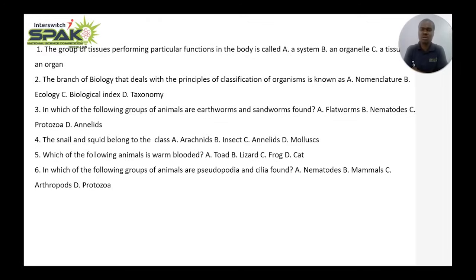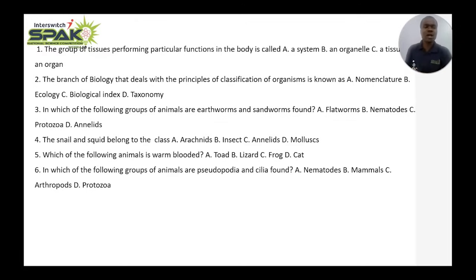For man, we use our hind limb to walk. Arthropods have jointed appendages. D, protozoa.